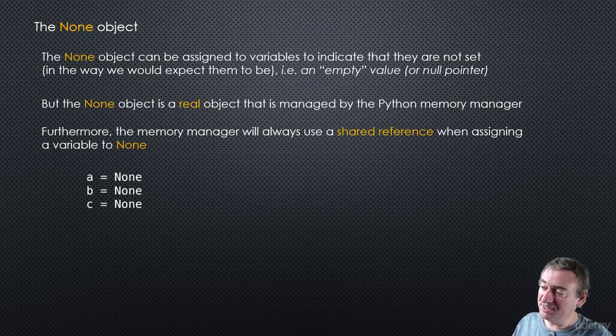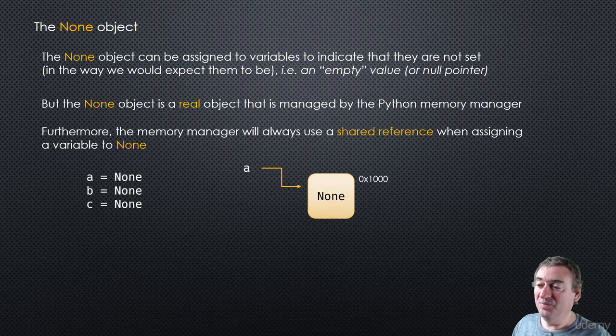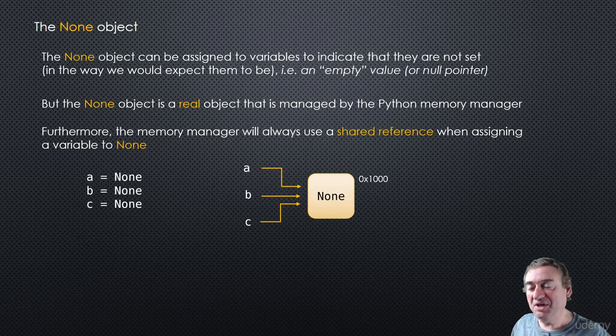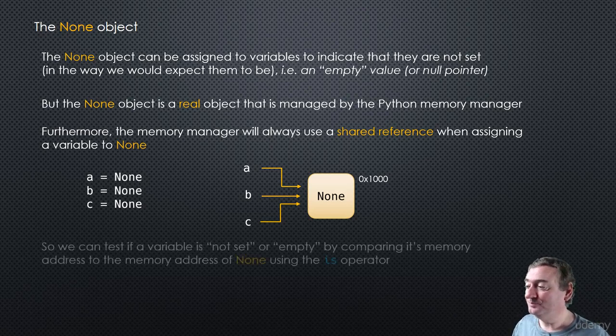So this means that if we set, let's say, a, b, and c to None, right, then a, b, and c are all pointing to the same object in memory. And throughout the lifetime of your application, it will always point to the same object, to the same memory address. Now, as you run your program from one time to another, that memory address may change, but throughout the lifetime of your application, it will be the same.